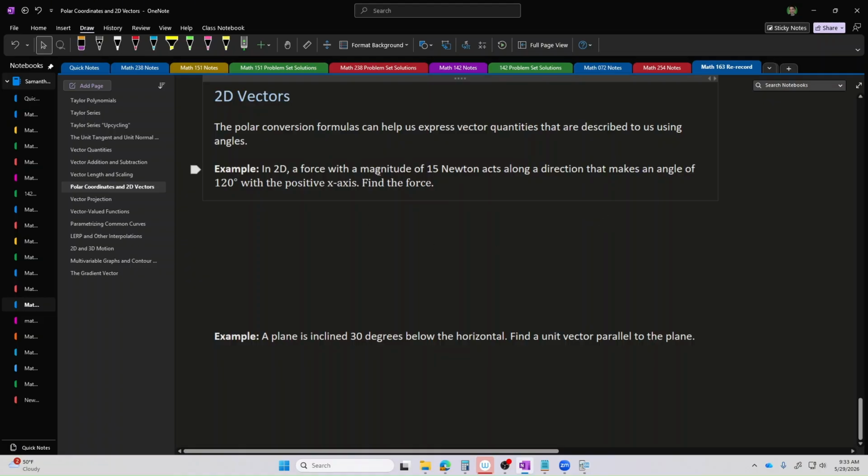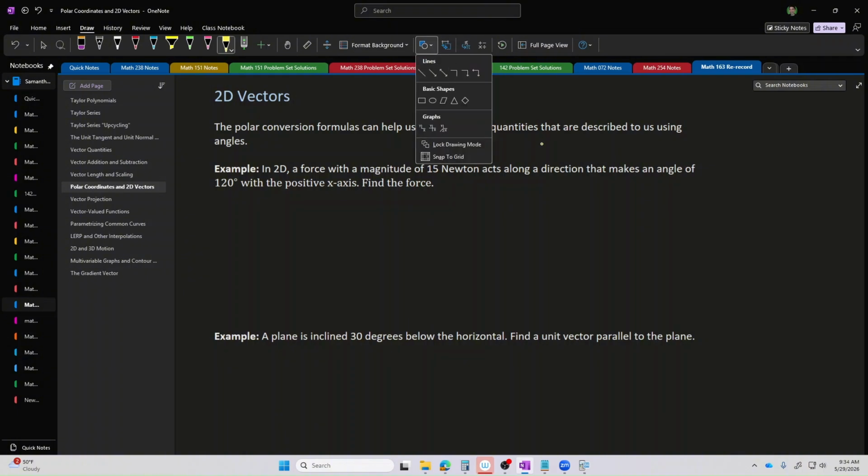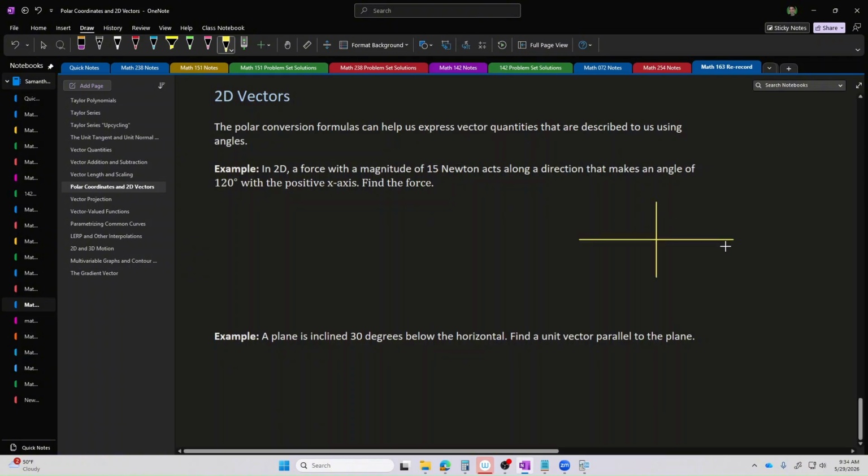So the direction of this force vector is being described to me in terms of an angle, this angle of 120 degrees. Let's go ahead and find this vector, find the vector's components. And if we think about what would be involved in finding this vector's components, it very much is the same as some of the polar conversions that we did earlier in this lesson.